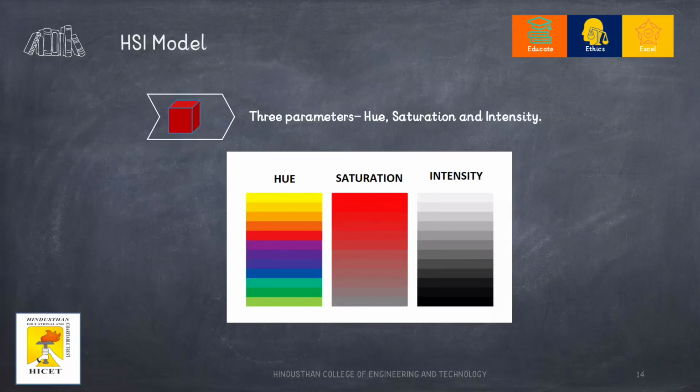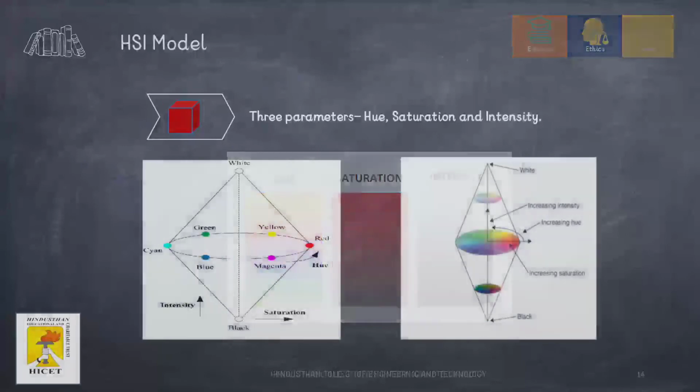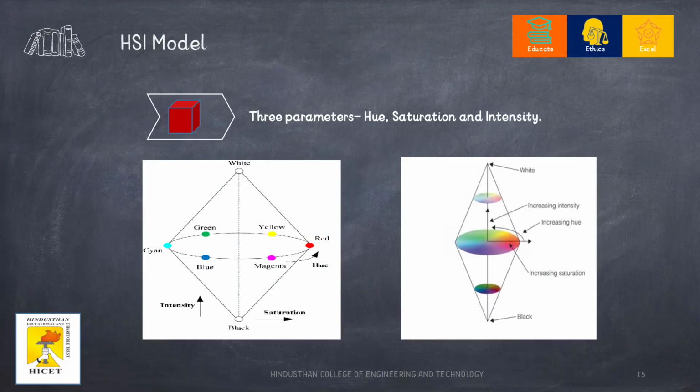This diagram shows the difference between hue, saturation and intensity. Hue is the parameter which differentiates different colors. Saturation is the amount of white added to the pure color, and intensity is its brightness. This diagram shows the representation of hue, saturation and intensity.